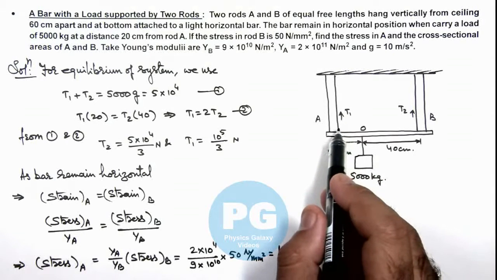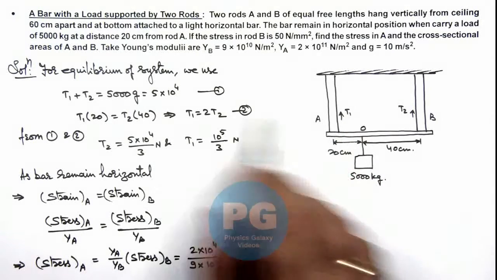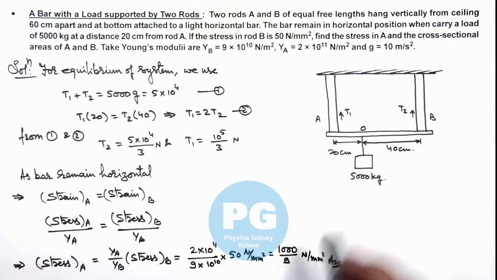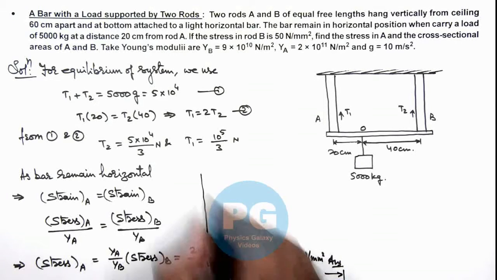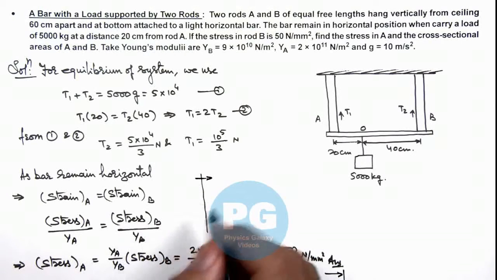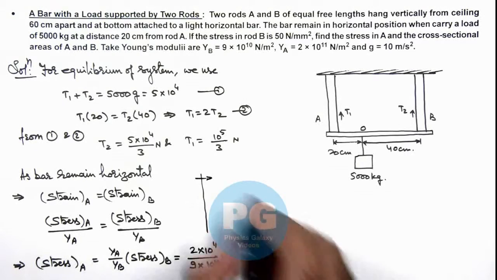And we are also required to find the cross-sectional areas of A and B. So here we can continue from this point, as stress in A is given as 1000 by 9.